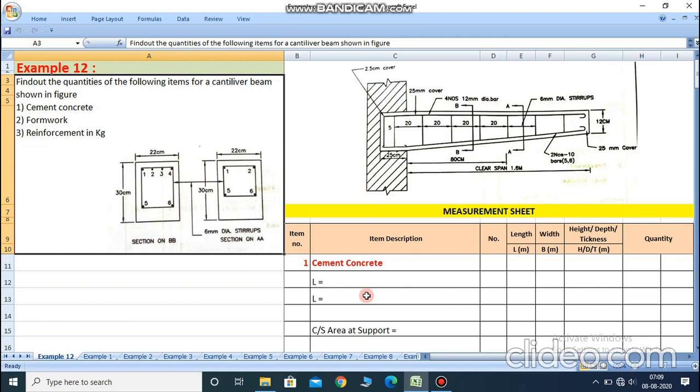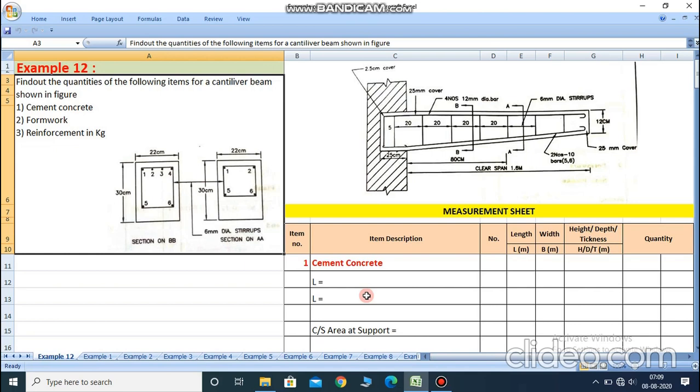Here the cantilever beam is given not in an exactly rectangular or square shape, but the outer side thickness is less compared to the inner side. So a slope is provided at the bottom.